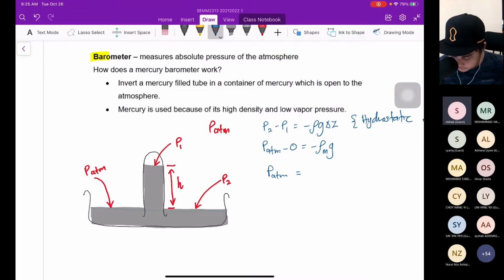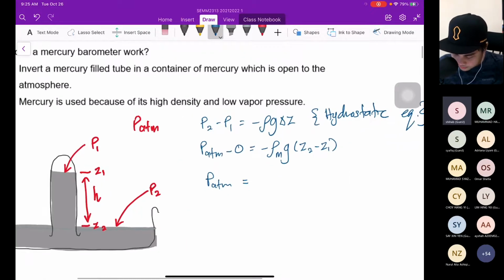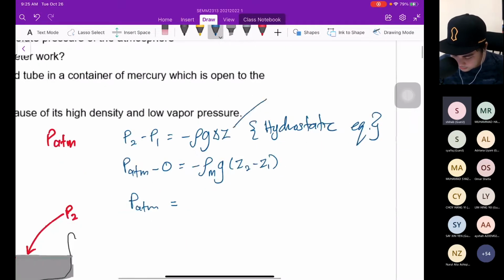I want to highlight this H again. This is Z1 and this is Z2, because this is at point 2. So delta Z refers to Z2 minus Z1.